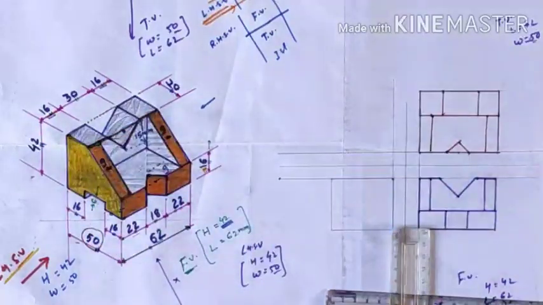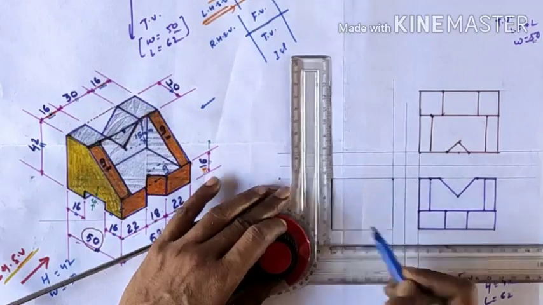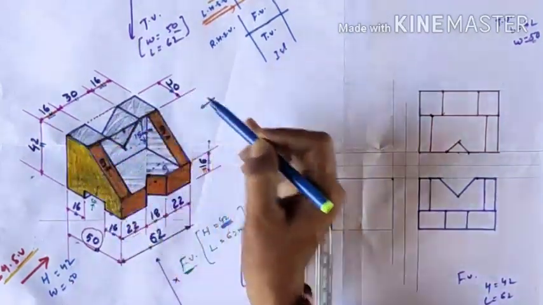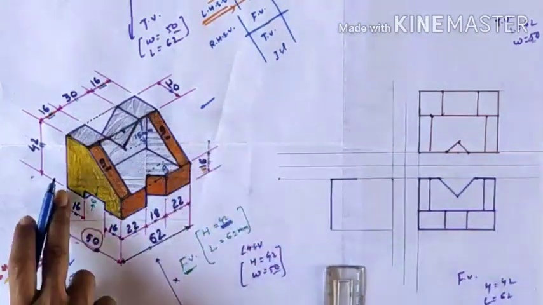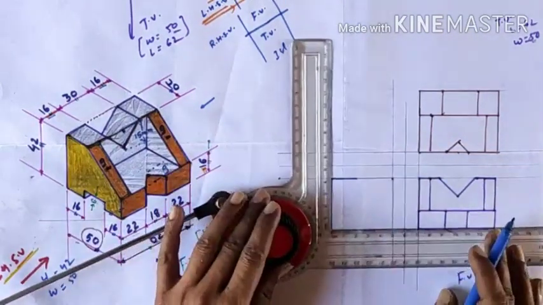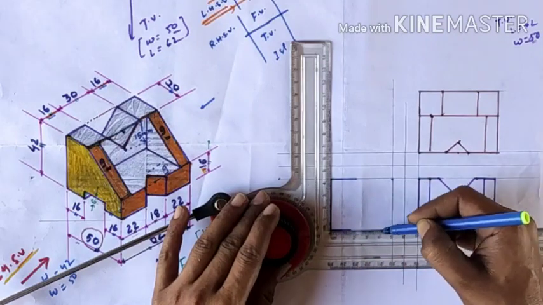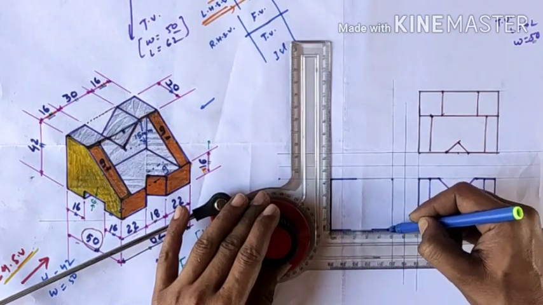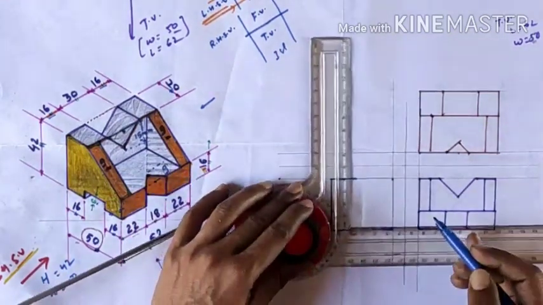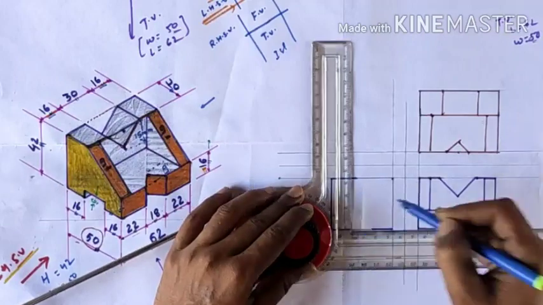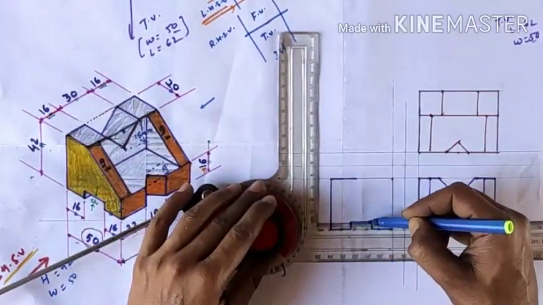So from here we draw 42, so this is your 42, and this comes 20, so here we draw 20, and this is 16, 16. So marking 16, 16, this is 16, and from here this is 16, and this line goes upward about 6 mm, so this is your 6 mm, it is again 6 mm, and join this line.